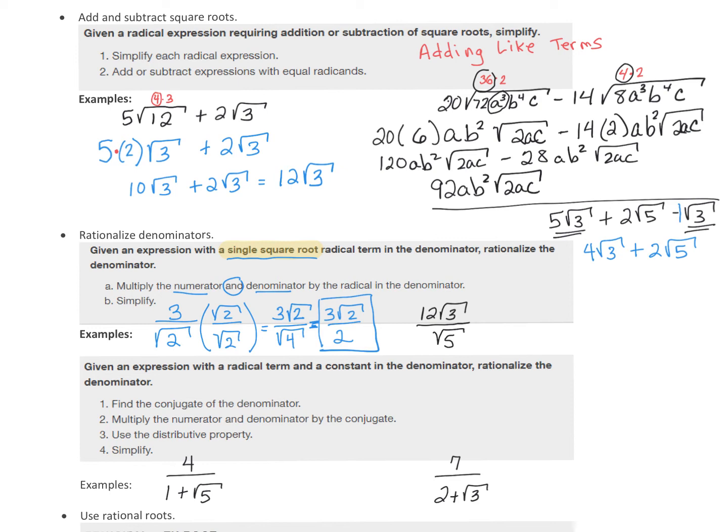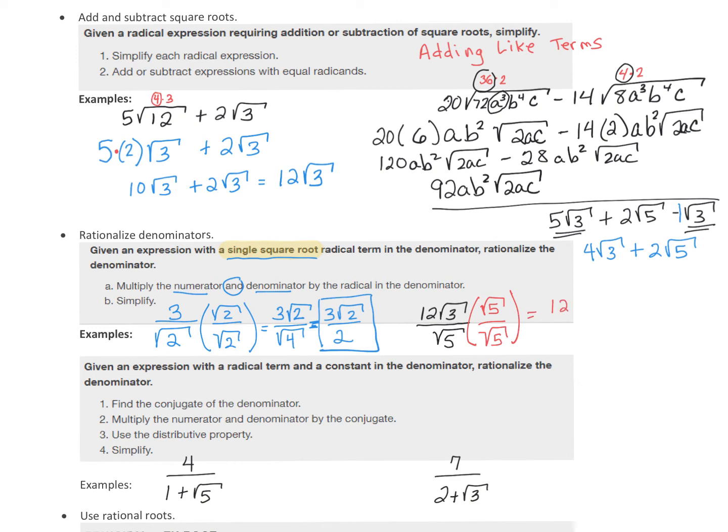For this next example, what would I need to multiply by? Well, I need to multiply by the square root in the denominator, square root of 5, square root of 5, top and bottom. Again, that's the number 1, so we're not changing its value, just the way that it looks.